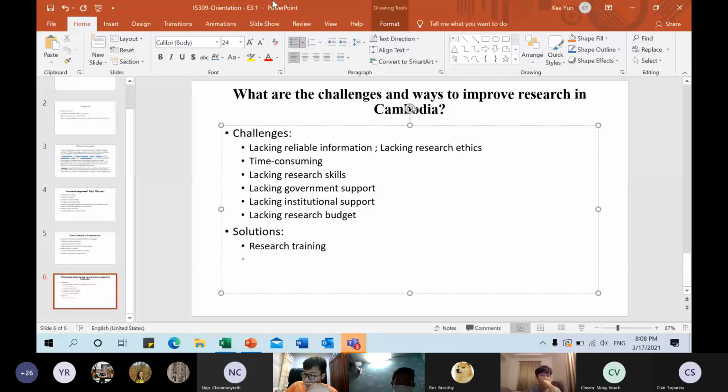Anything else? Provide budget for research development. Yeah, so they should allocate more, what? Can I use the word spendable? I mean, you have a budget, but some ministries are very tricky.